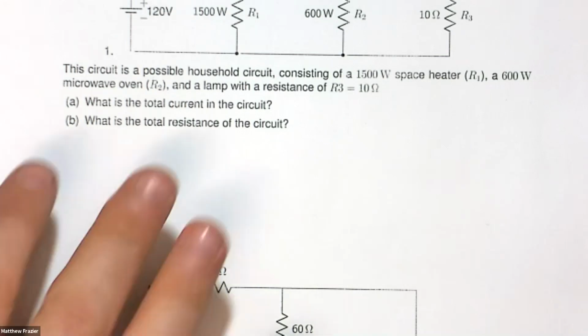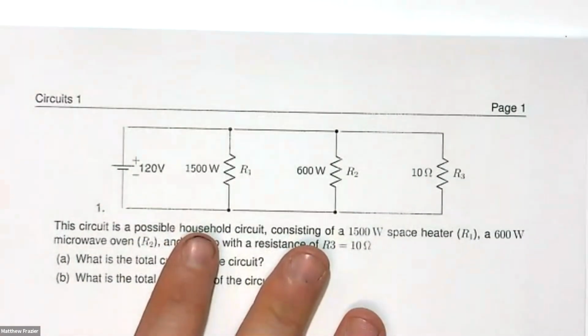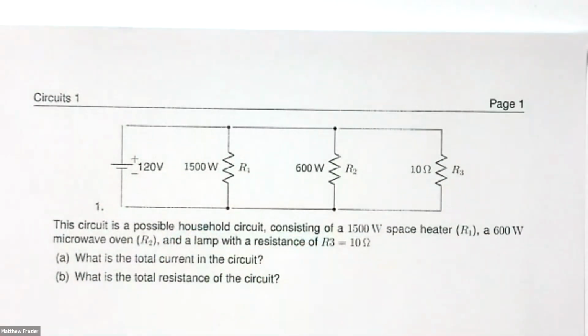And we're going to try 2 problems here. All right, so let me pause for a minute and let y'all read on that. This is a reasonable household circuit you might have. And what we're going to do is specify something unusual. We're going to specify the power that it uses.